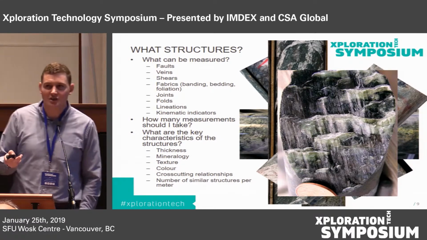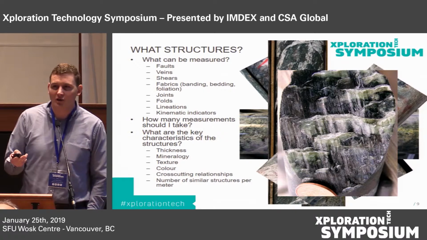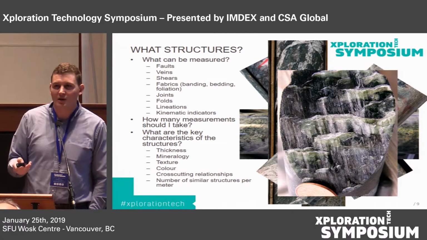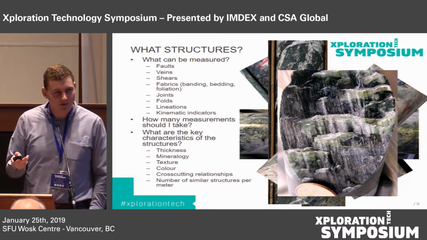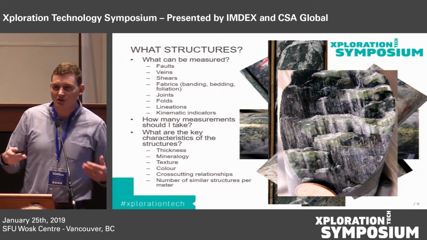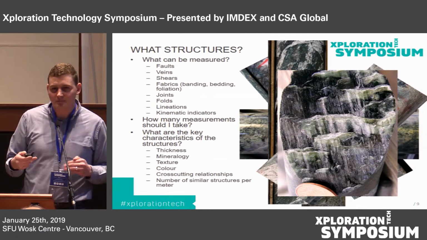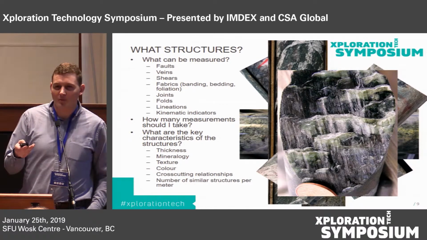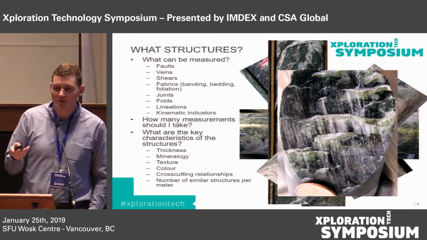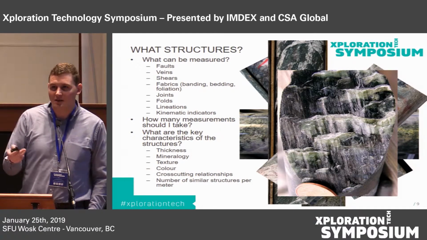Is there a particular texture? Are there cross-cutting relationships? What's the color of that structure? Number of structures per meter? And start building up a database, so that once you have all these structural measurements, you can start querying that data and creating subsets of that data to really start analyzing your structures.